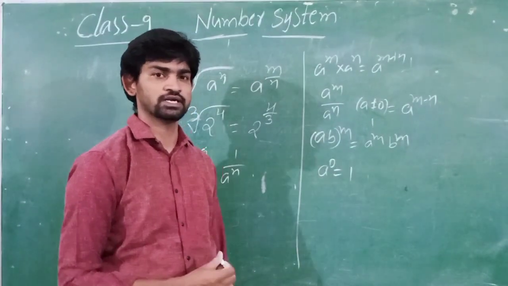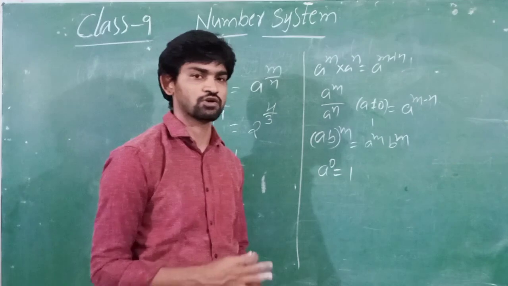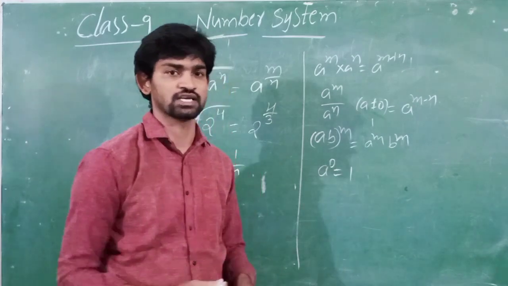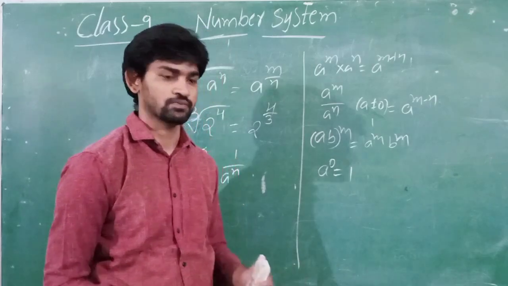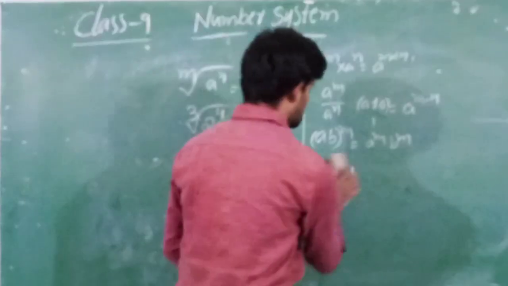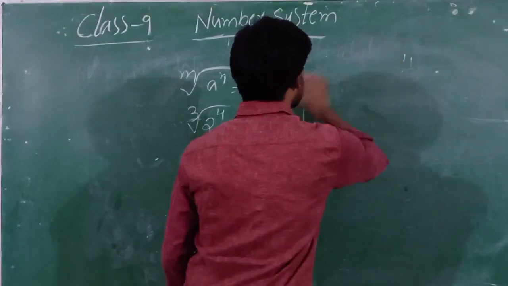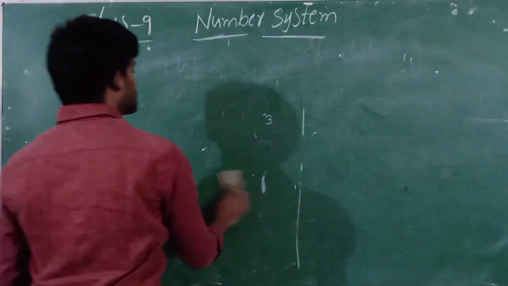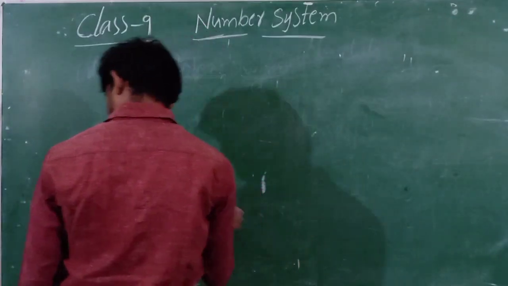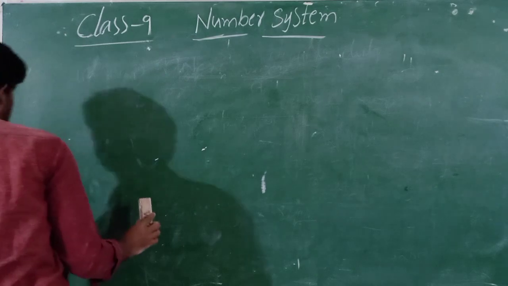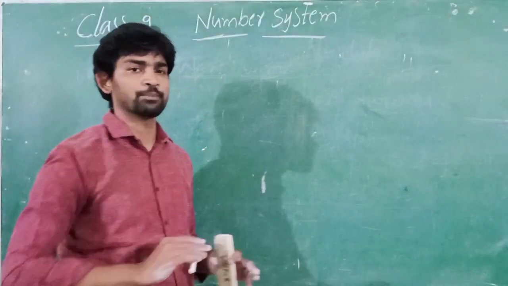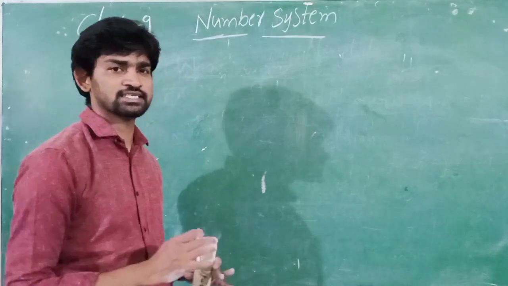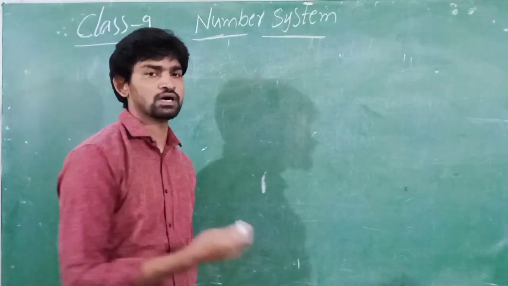Next, very important, I kept this topic for last because it is very important: rationalization. Rationalization and rationalizing factor, both we'll see now. Rationalization is nothing but a process of changing an irrational number into a rational number.